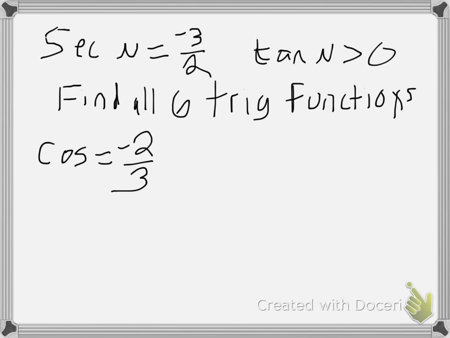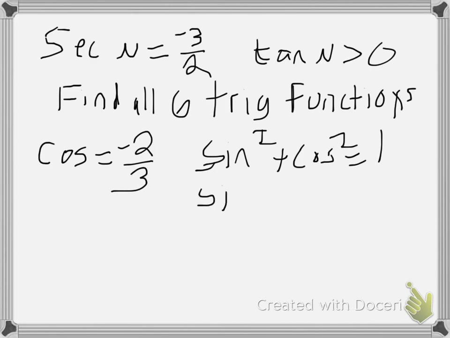One of our identities says that sine squared plus cosine squared equals 1, right? Well, let's use this identity, knowing that sine squared is equal to 1 minus the cosine squared. Since we already know what the cosine is, let's go ahead and solve that.